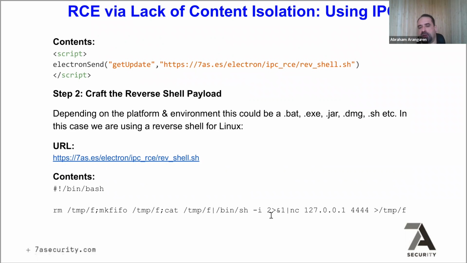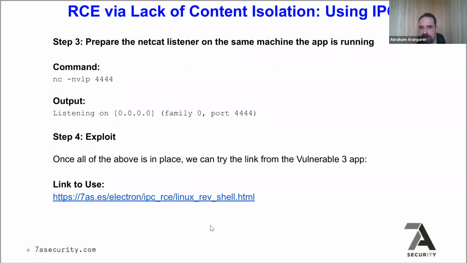You want to redirect error messages to standard output so that you see error messages on standard output. Then this is piped to netcat on port 444, which is the official port for shells. And then this is piped into the input-output file so that the whole loop of the interactive shell is ready. So if you do everything correctly, on the terminal where you're running netcat, you will see this listening stuff.